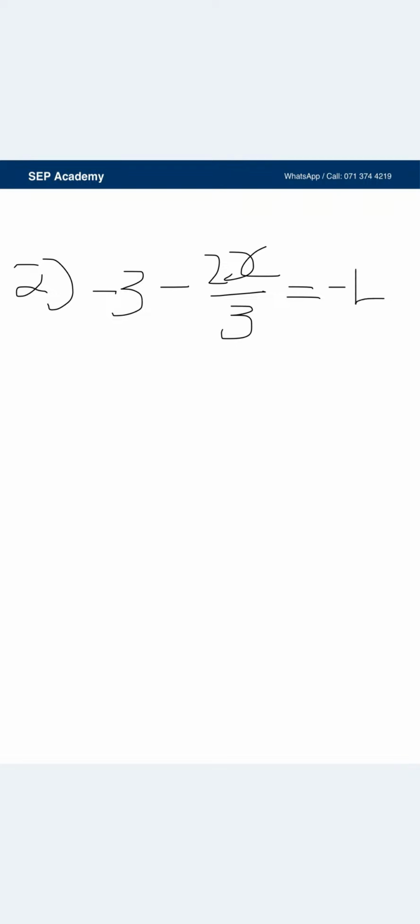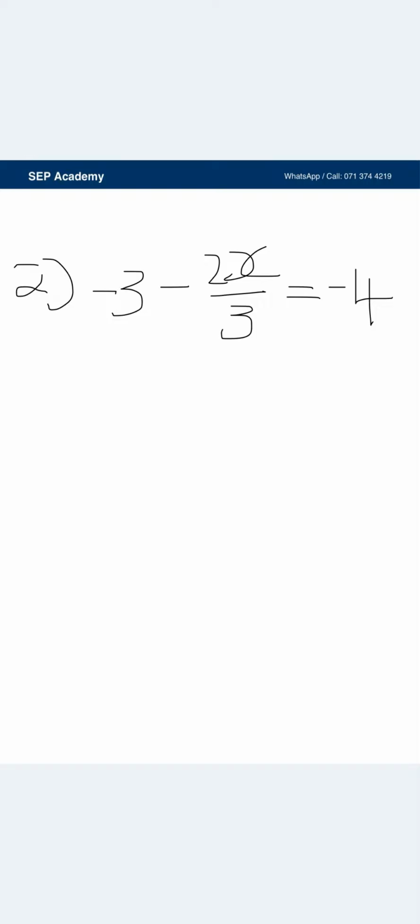So as we continue, you will notice how to deal with such where you get to almost the final answer. Now let's say you have negative 3 minus 2x over 3, and this is equated to, let's say, negative 4.